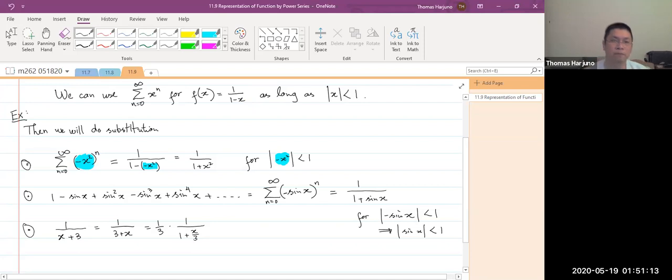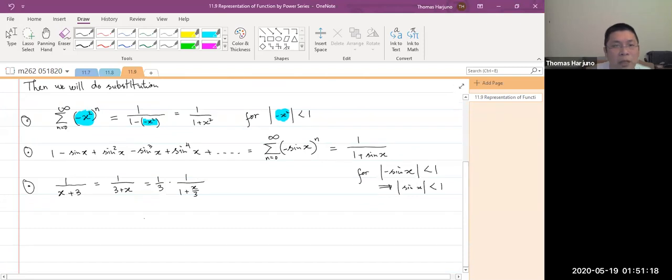Is it right? So now I can represent this as 1/3 the series from 0 to infinity of (negative x over 3)^n. Again, for the absolute value of negative x over 3 to be less than 1, or basically the radius of convergence is 3.